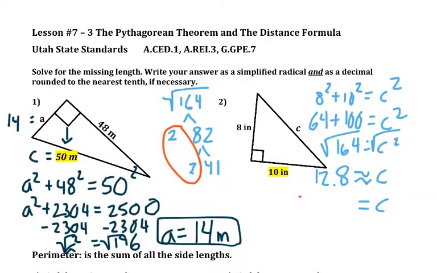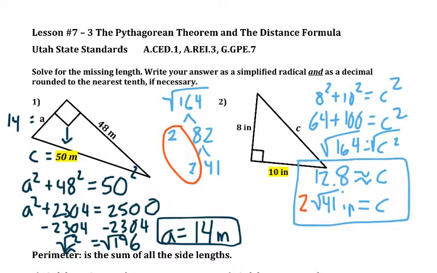So we're going to have 2 square root 41, and then we'll have it in inches, is our simplified radical answer. So the approximation is 12.8 inches, and the simplified radical answer is 2 square root 41 inches.